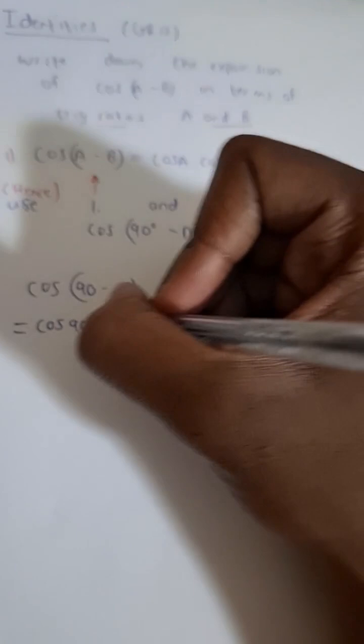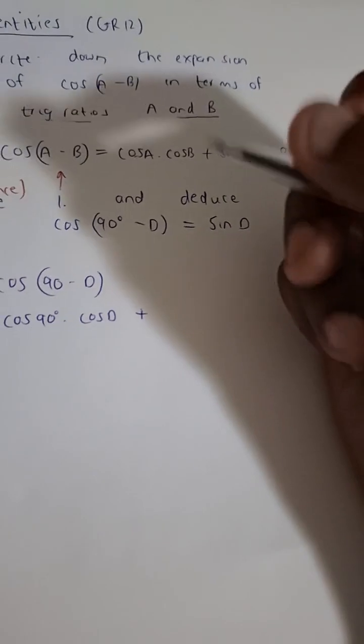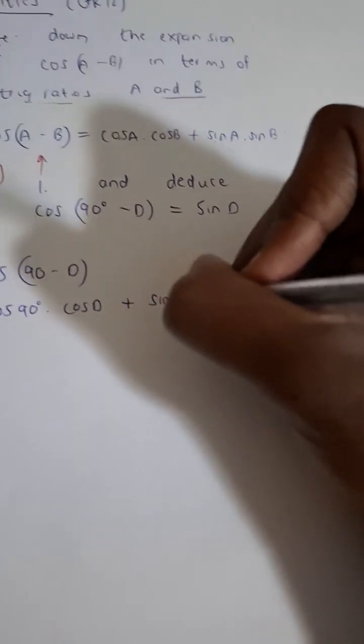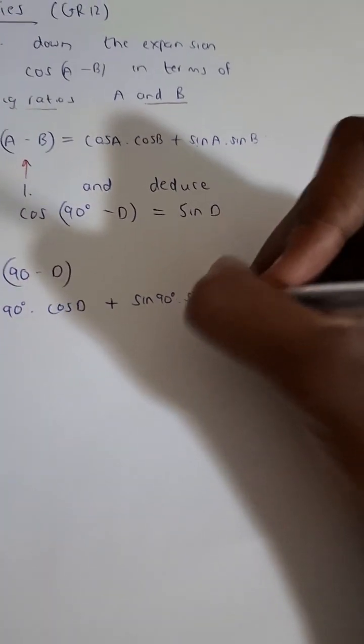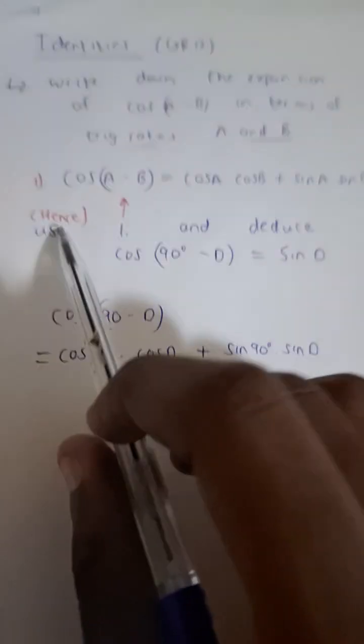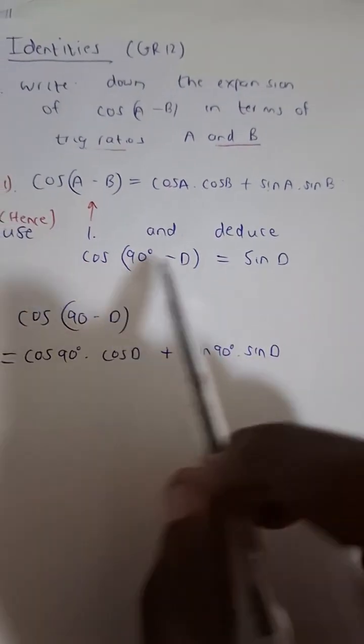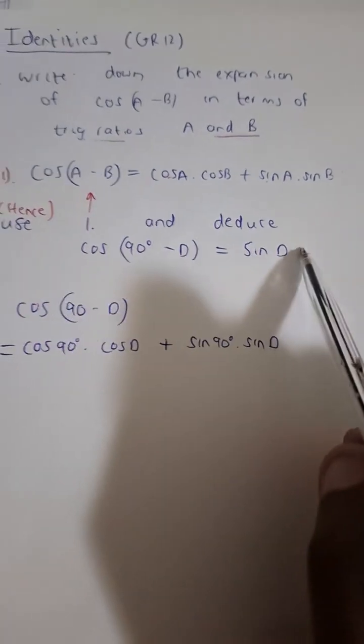Cos 90 cos d plus sine 90 sine d. Because remember, in this question they are saying hence use what you wrote above and deduce that cos 90 minus d is equal to sine d.